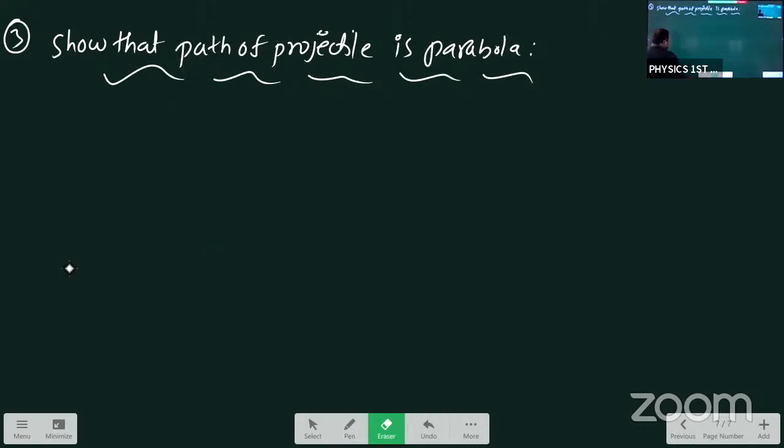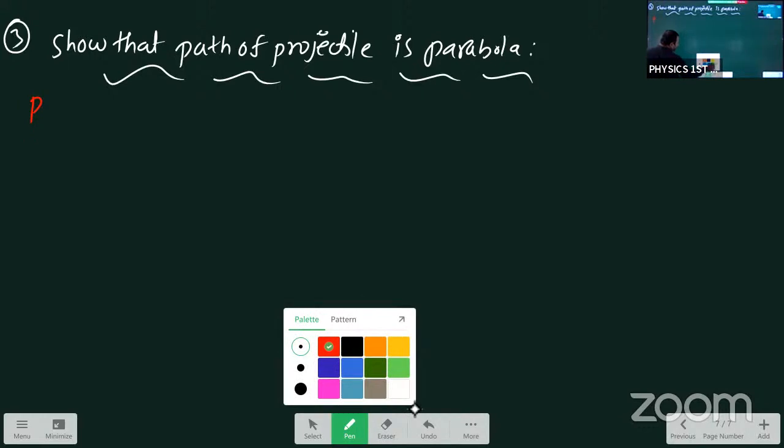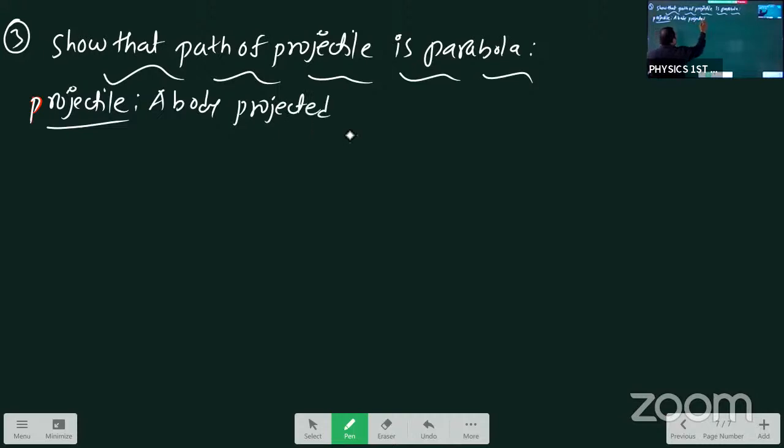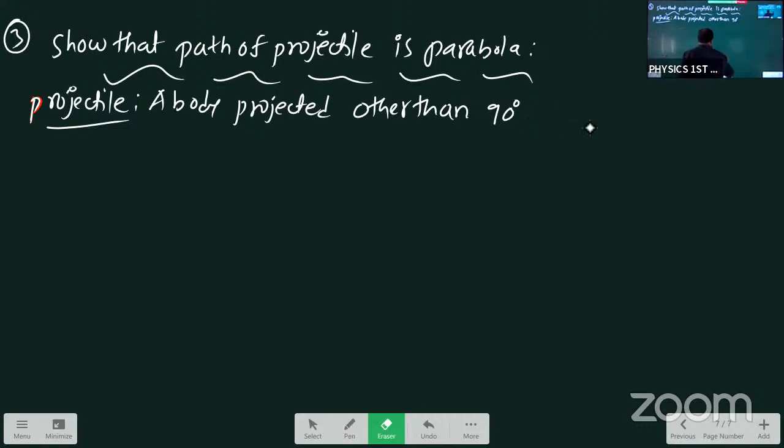Starting, you write what is a projectile. A body projected other than 90 degrees, that is, theta not equal to 90 degrees.